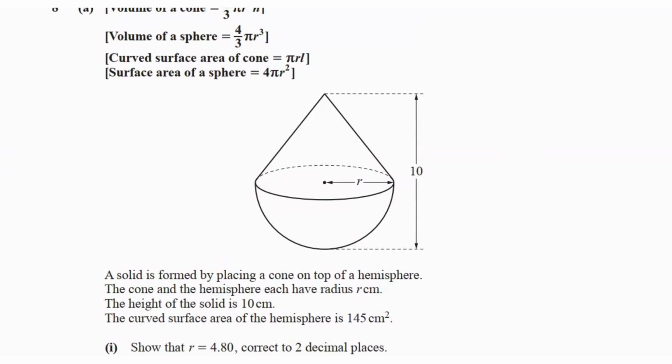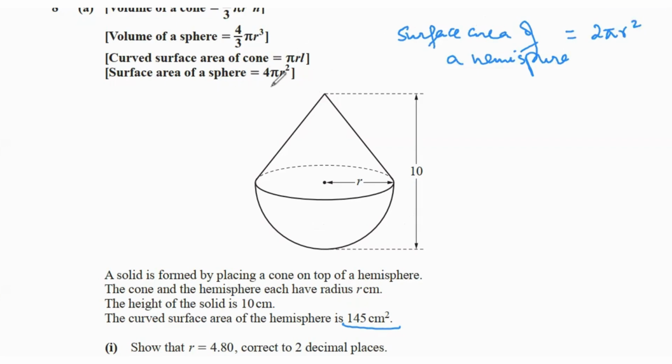So what we're going to do is, they've given us the curved surface area of the hemisphere, which is 145 centimeters squared. If the surface area of a sphere is 4 pi r squared, the surface area of a hemisphere is 2 pi r squared.